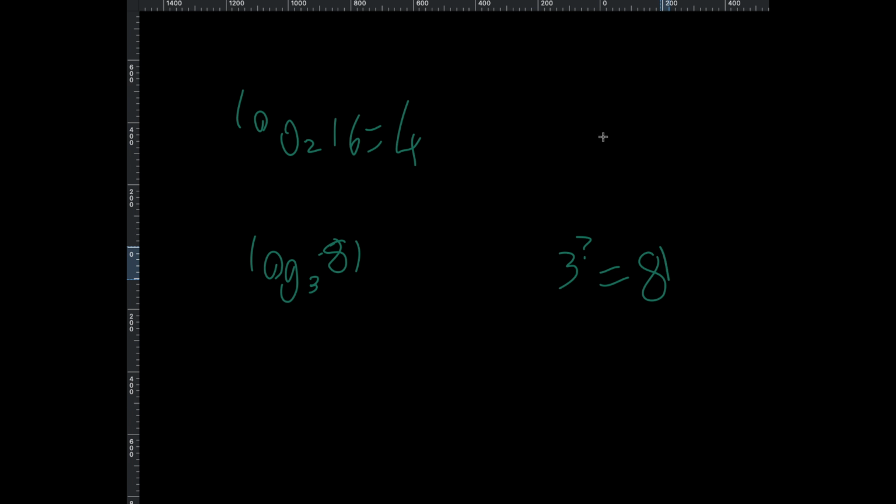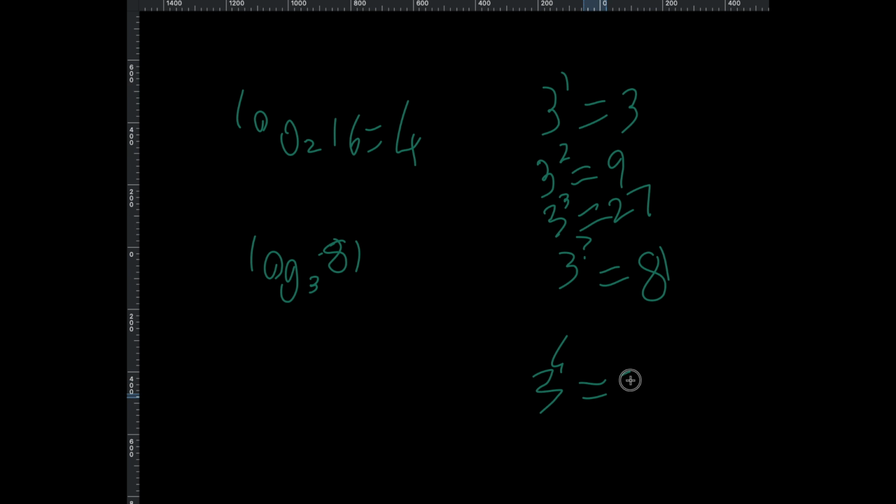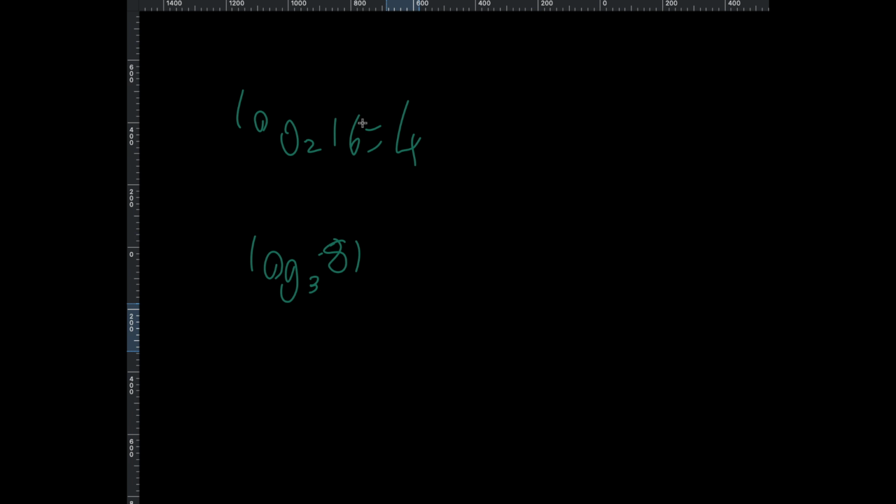You could just try it out. 3 to the first is 3. 3 to the second is 9. 3 to the third is 27. 3 to the fourth is 81. So log base 3 of 81 is equal to 4.